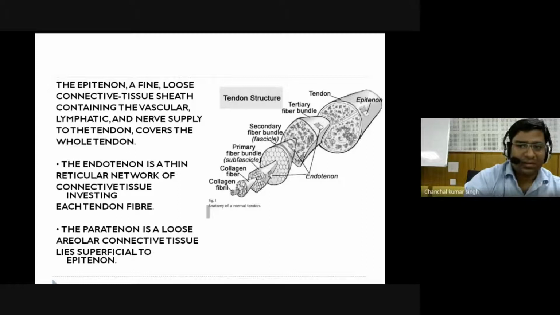Epitenon is the strongest connective tissue structure, which provides strength and rigidity to the whole tendon. It also carries the lymphatics, vascular supply, and nerve supply to the whole tendon. The endotenon is a thick reticular network of connective tissue, basically separating each fiber, and the paratenon is a loose areolar connective tissue, which facilitates gliding of the tendon.